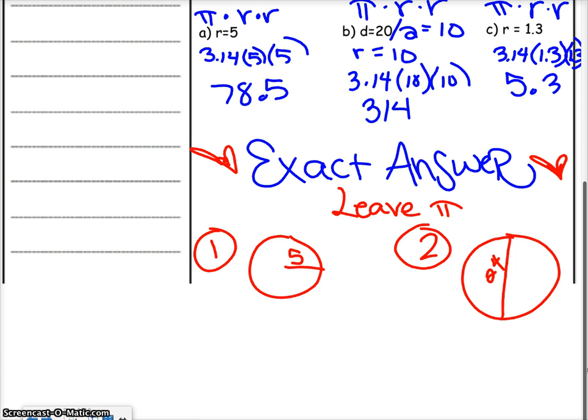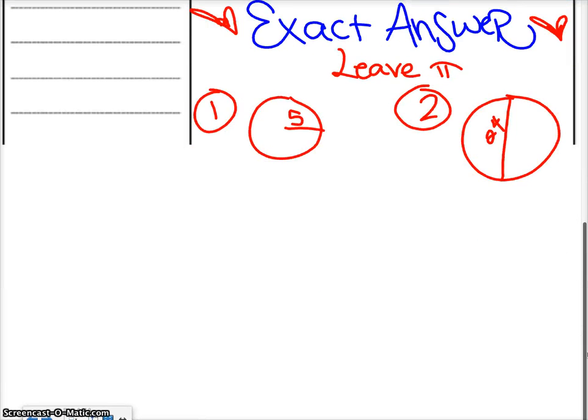Make sure that everybody's writing this down. You need this. It's a diameter too. So remember the area formula is pi r squared or pi times r times r.